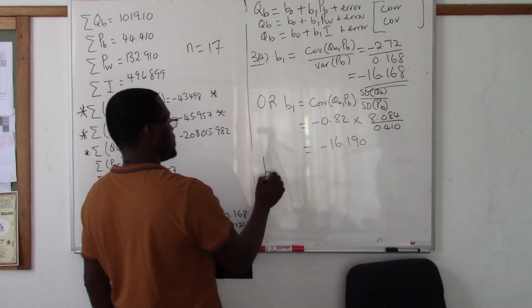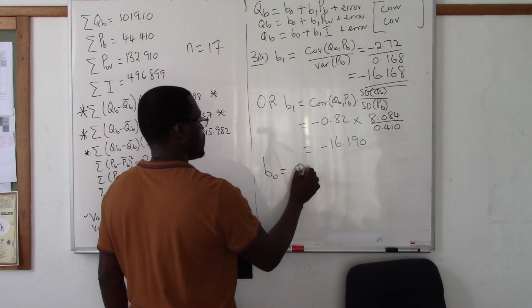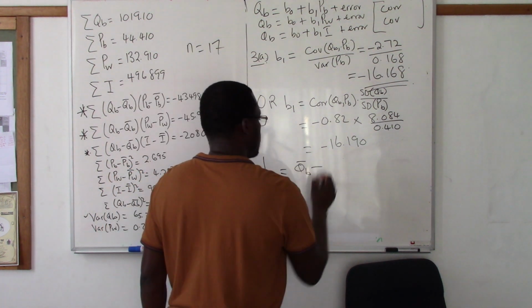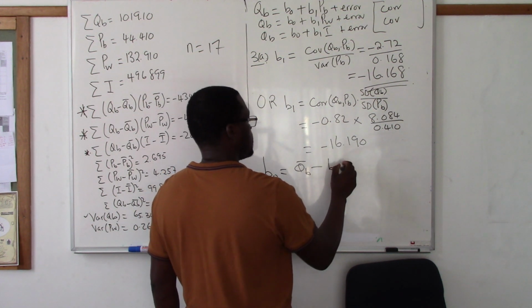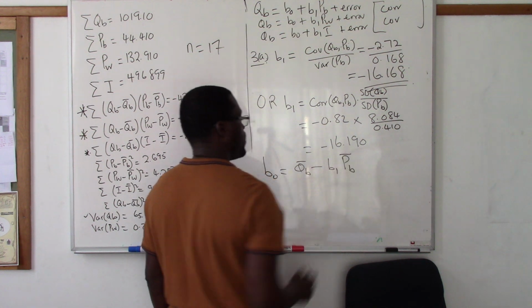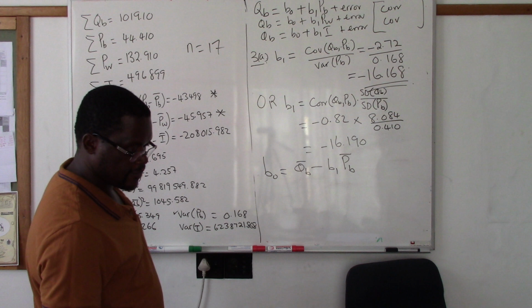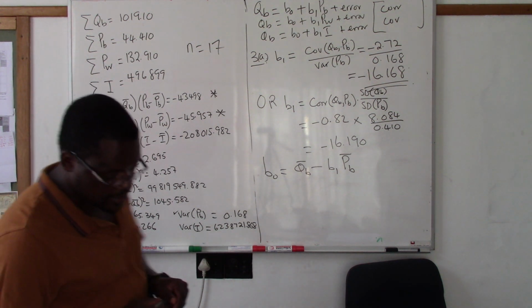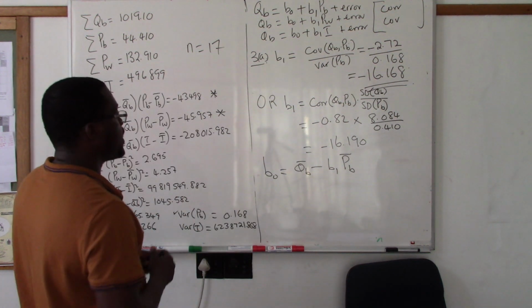So how do we get B naught? B naught is equal to QB bar minus B1, which we have already calculated, times PB bar. So you only need to know the means for these two. I don't remember what those means were, but we can easily calculate them.